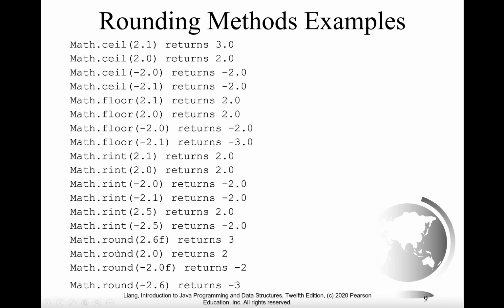This is the example here. round(2.6) returns 3. round(-2.6) returns -3.